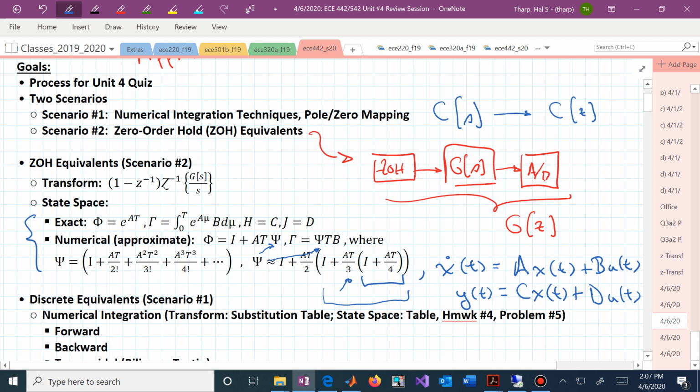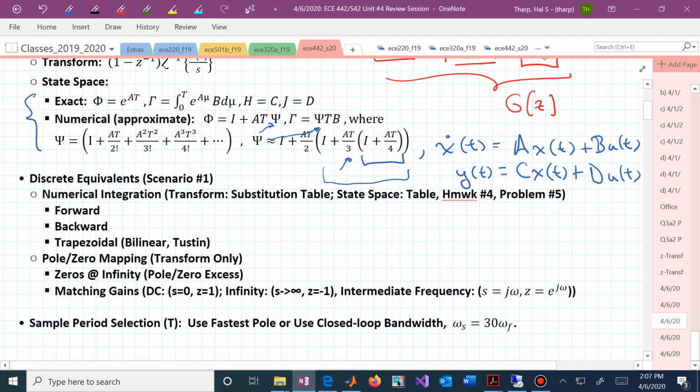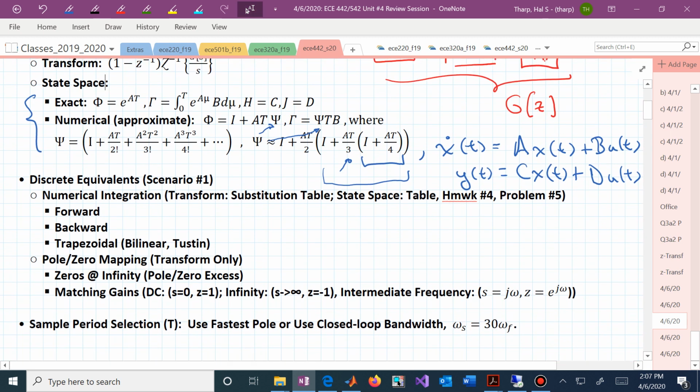That's scenario number 2, and you have either working in the transfer function setting or in the state space setting. Scenario number 1 deals with either numerical integration or pole zero mapping strategies.